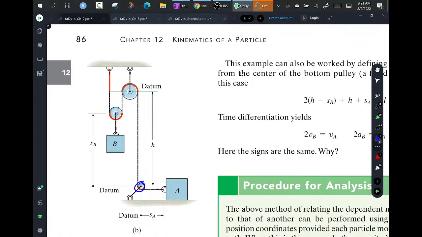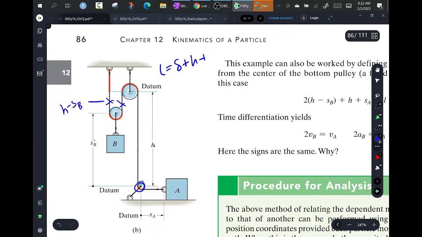Okay, so if you work at that, you'd say the length of the rope is equal to your delta plus, and go ahead and put the H in because you might as well, plus, okay, if I look at these two distances, that distance is H minus SB. H minus SB. So think about that for a second.